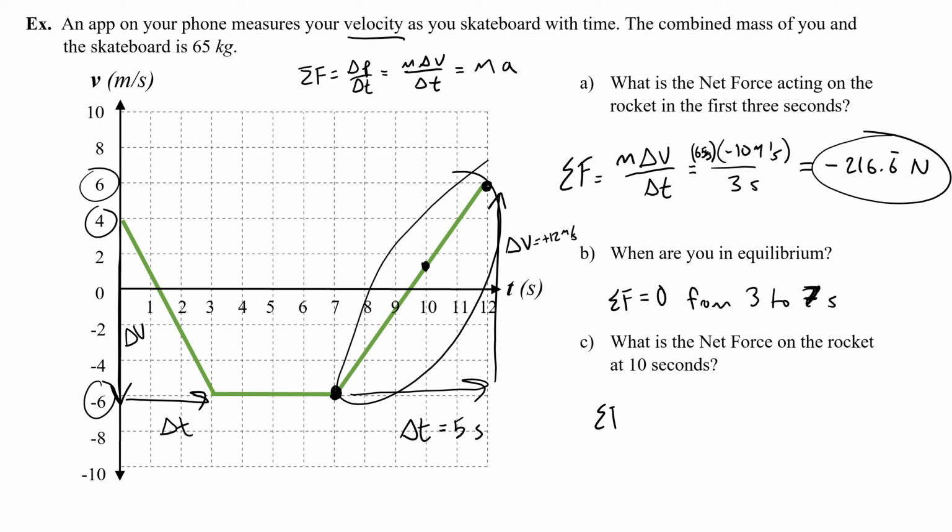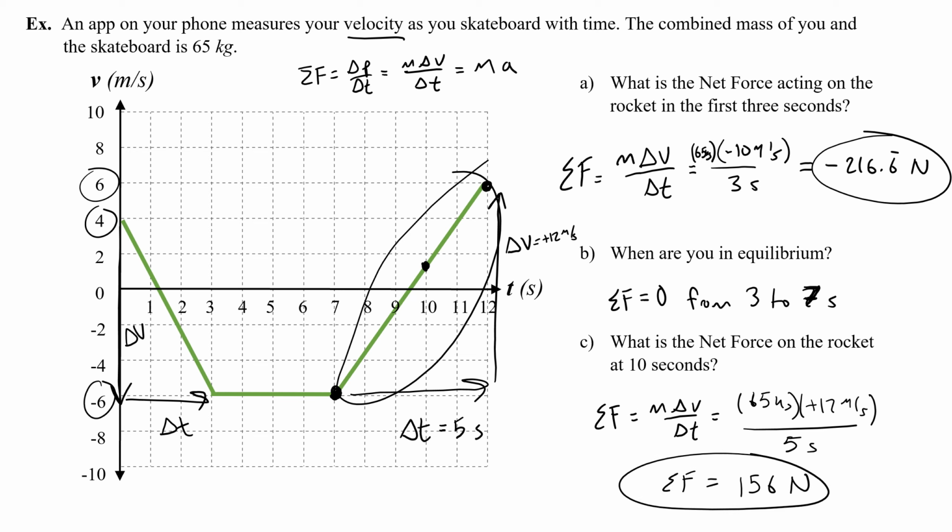Okay, so the net force, m delta v over delta t, so 65 kilograms times the change of velocity, which is a positive 12 meters per second, over the change in time, which is 5 seconds, is going to give me a positive 156 newtons. So that's the net force at 10 seconds.